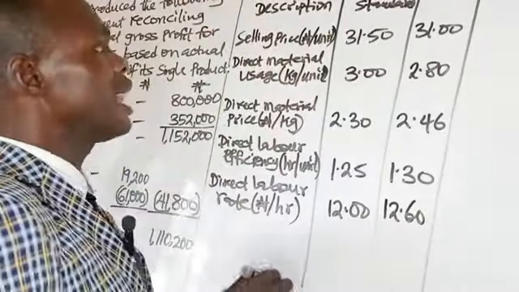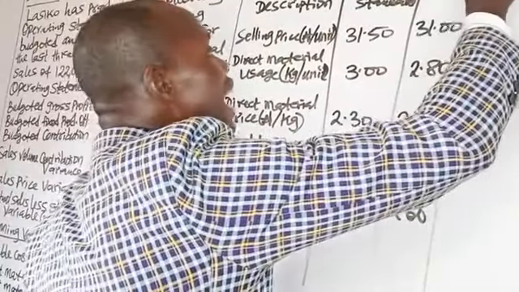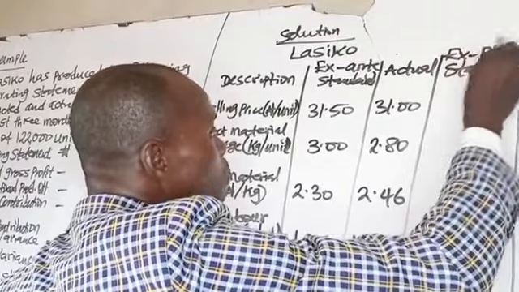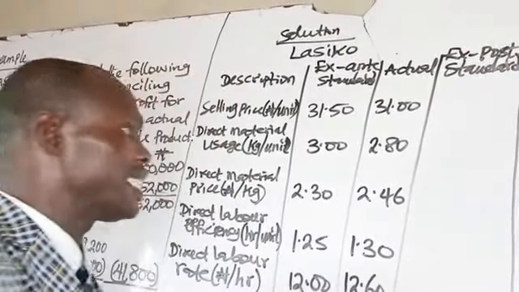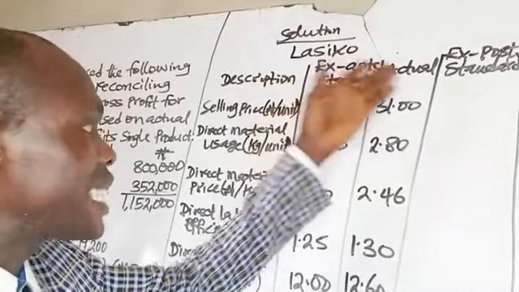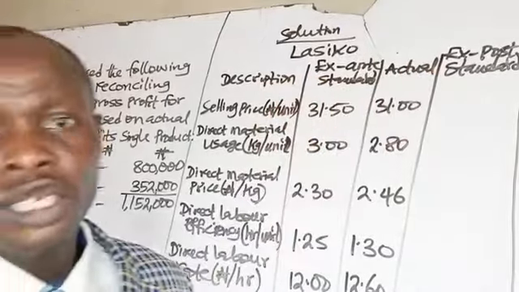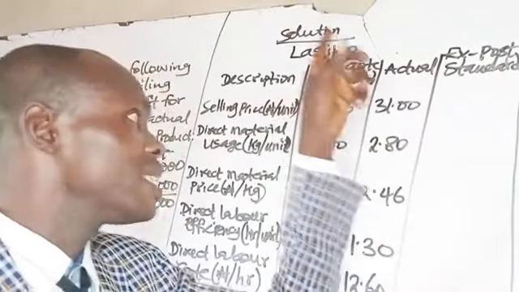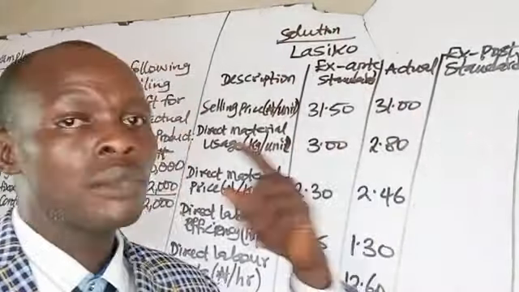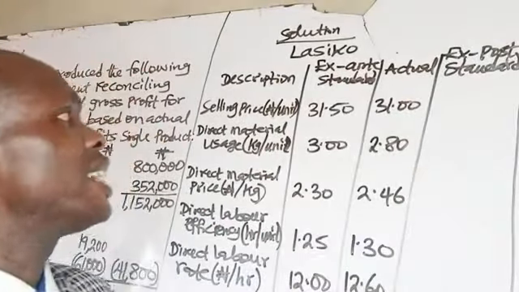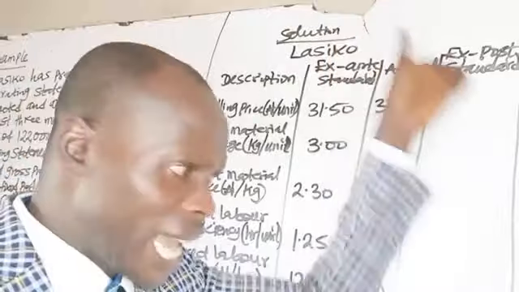Then the next thing, we want to calculate the ex post standard. I've told you the latter target set is called ex post. The standard that was later altered, that is ex post standard.